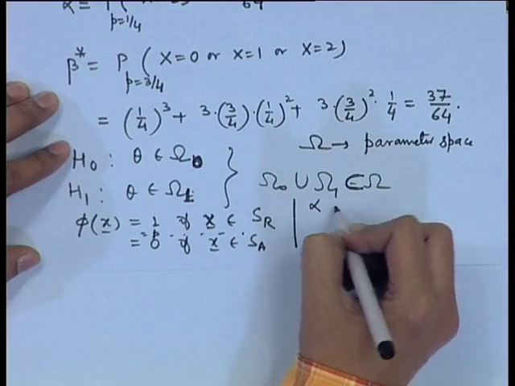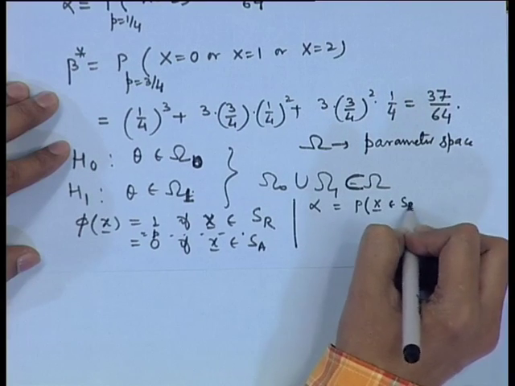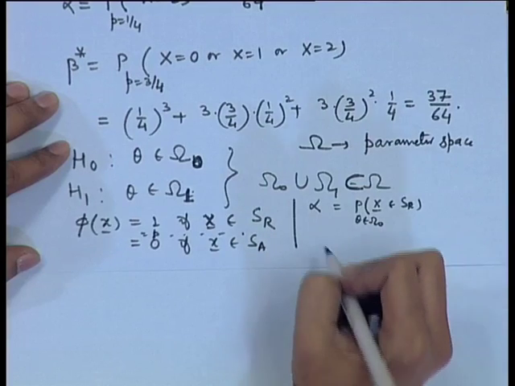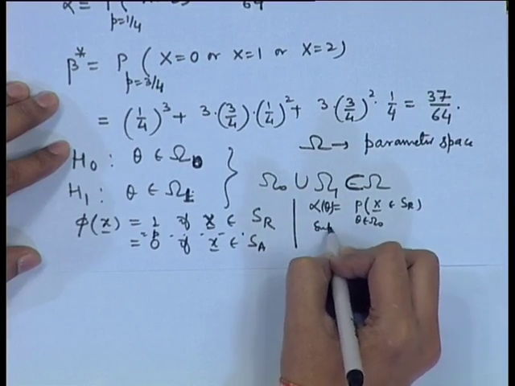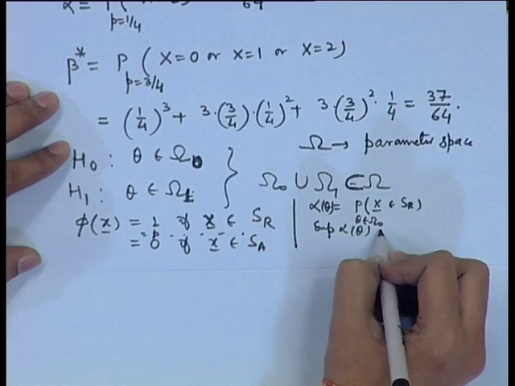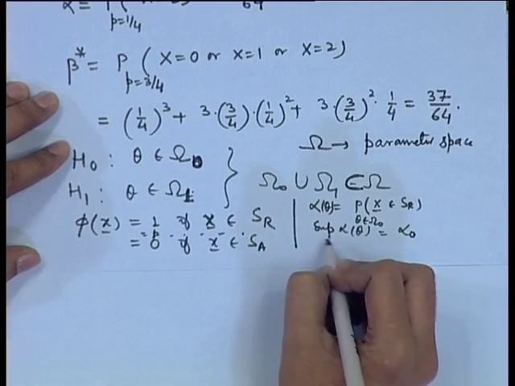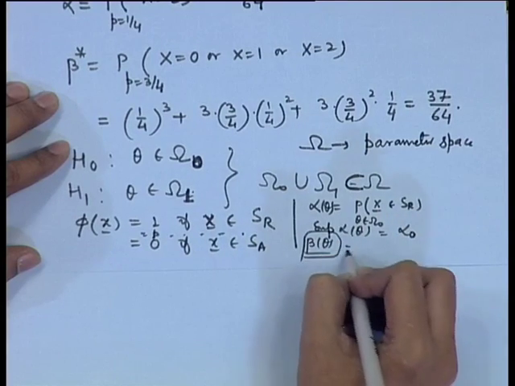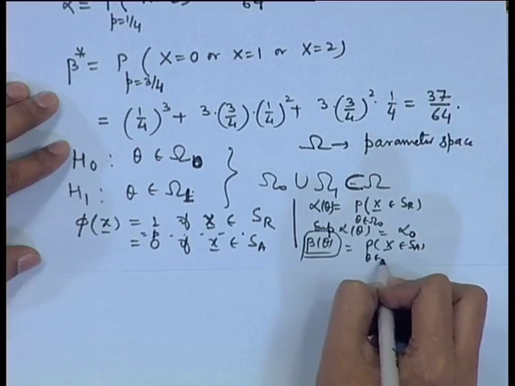So, the probability of type 1 error, that is probability that x belongs to S_R when theta belongs to omega 0. So, we take the maximum of this, supremum of alpha(theta), let us call it alpha 0 or alpha star, we choose that and then we try to minimize beta(theta), that is probability of x belonging to S_A when theta belongs to omega 1.